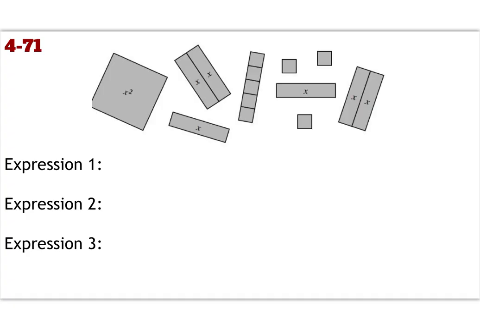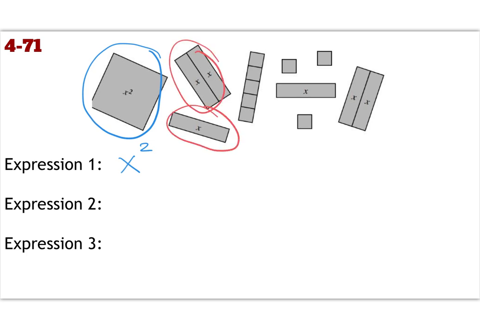Right now, I see one shape that is the largest, and I see it's named x squared. The next size shape is a rectangle, and those rectangles, if I count them up, I see 6 of them.